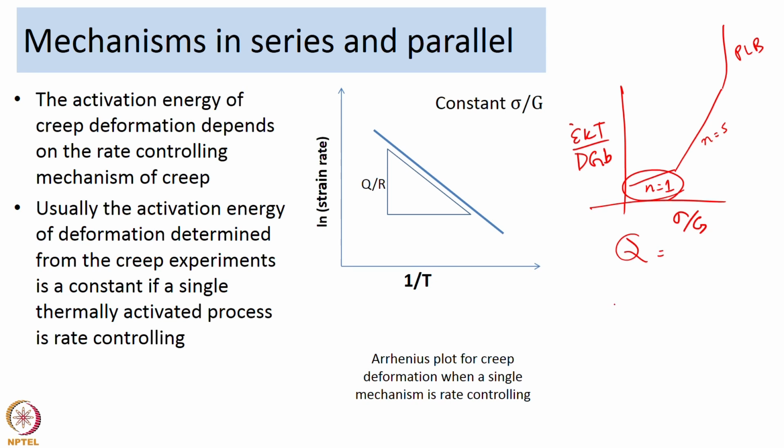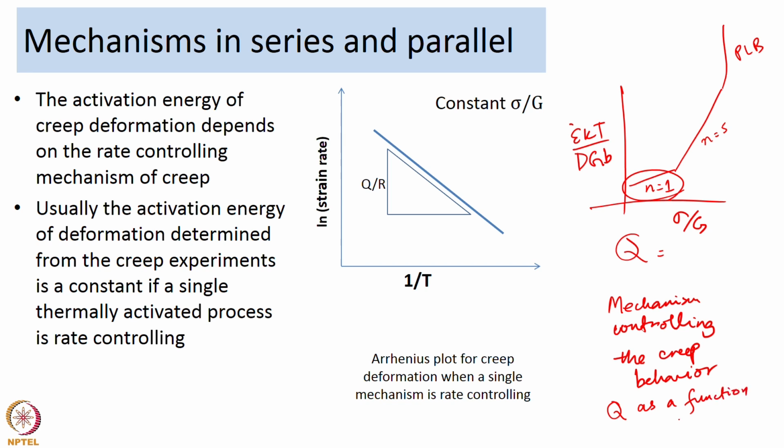If you have more than one mechanism controlling the creep behavior, then the Q value will vary as a function of the regime where the mechanisms are operating.